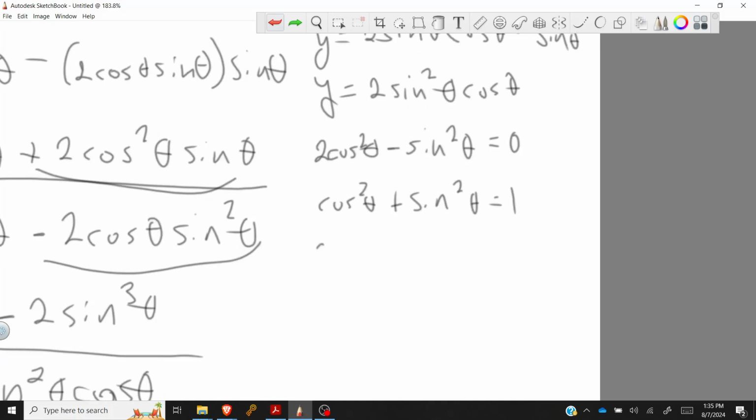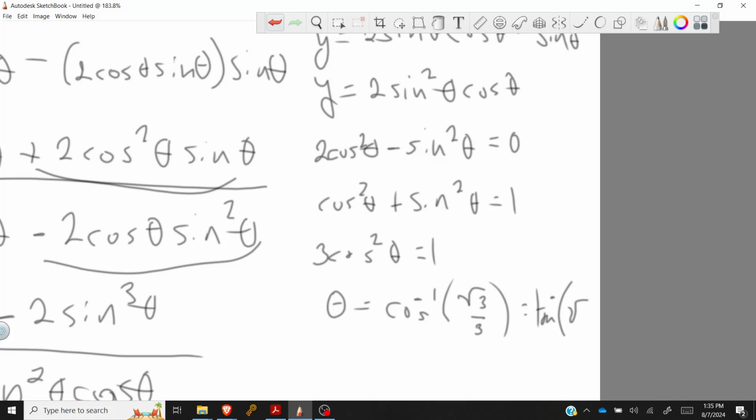Because I can set 3 cosine squared theta equal to 1, but then that leaves me again with theta equaling arc cosine of root 3 over 3, which is equal to arc tangent of root 2.